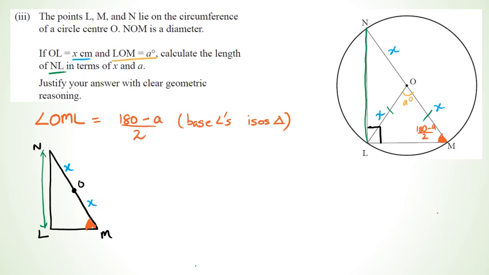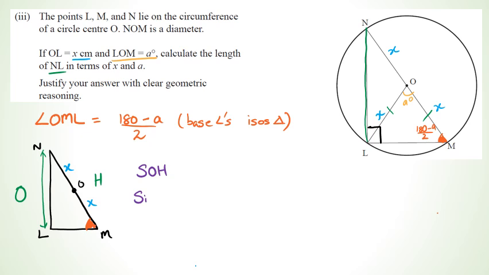So I could use SOHCAHTOA for this. Because I have my angle, this side, NL, is going to be the opposite side, and my hypotenuse is going to be H. So I can see that I'm going to be using the sine rule for this.